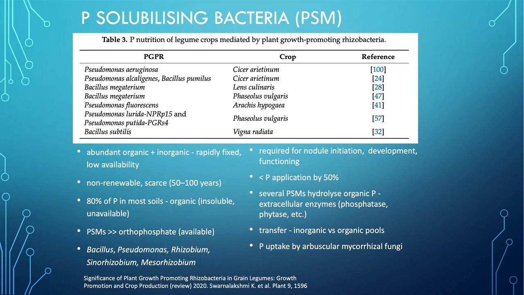And there's a few bacilli and pseudomonas and rhizobium even that can do this. So it's a required element for nodule initiation and development and functioning. So it actually plays a role in nodule formation and nitrogen fixation. And if the phosphorus is made available by the solubilizing bacteria or microbes, its application can be reduced by 50%.